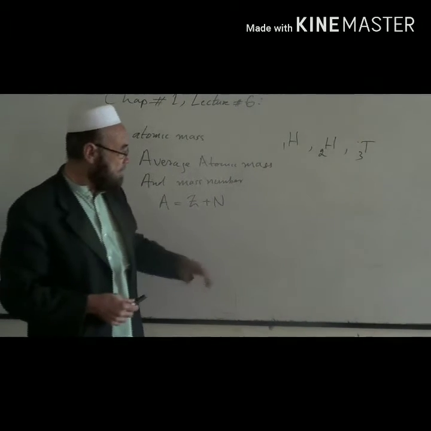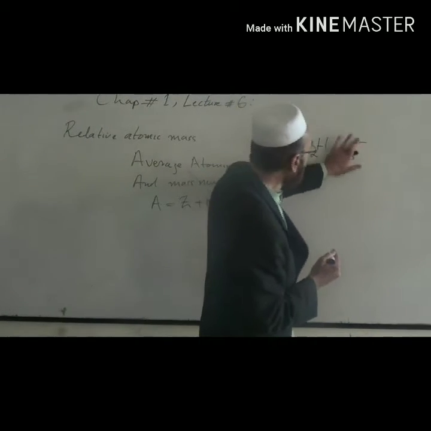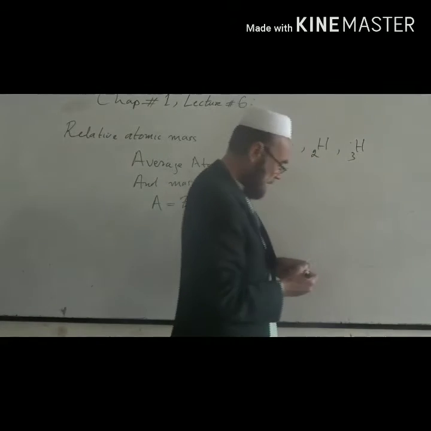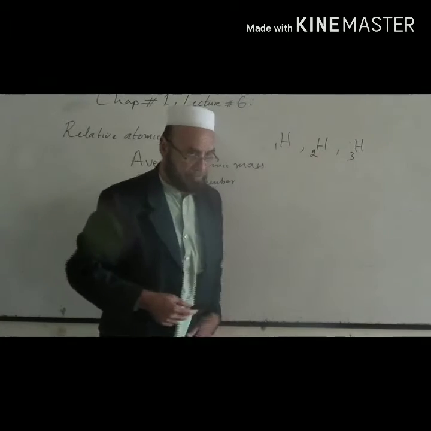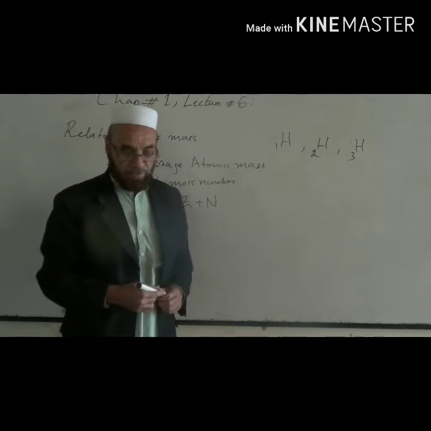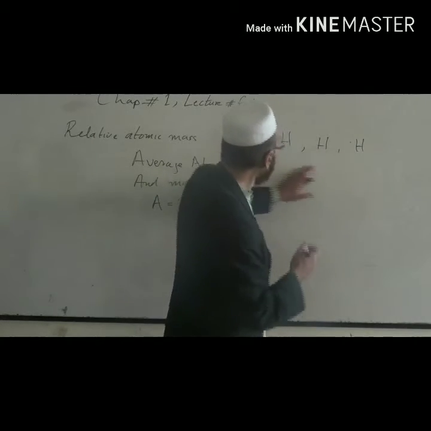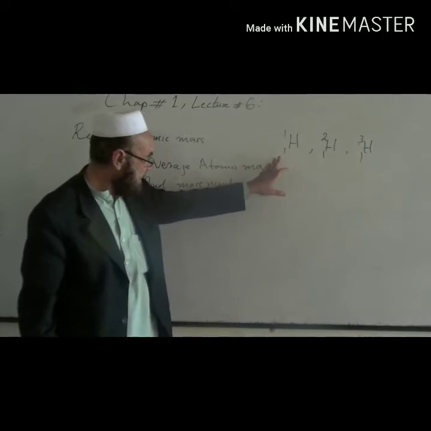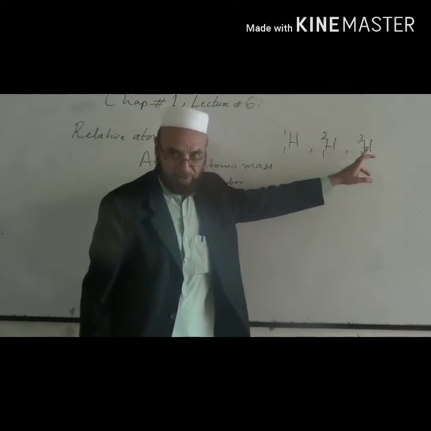Here we can say that the same atom of the element, you see, in all the cases, hydrogen, hydrogen, hydrogen. A brief definition of isotope: the same atomic number for the same atoms of an element.